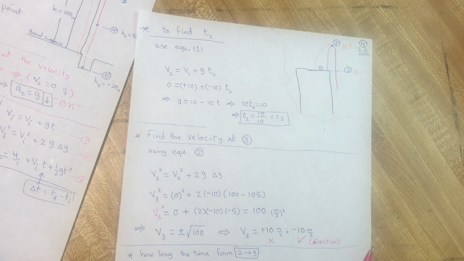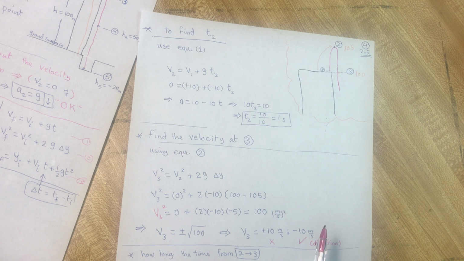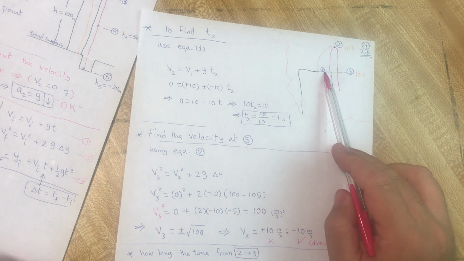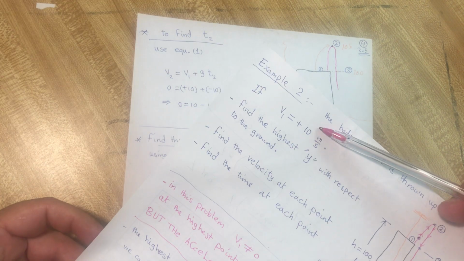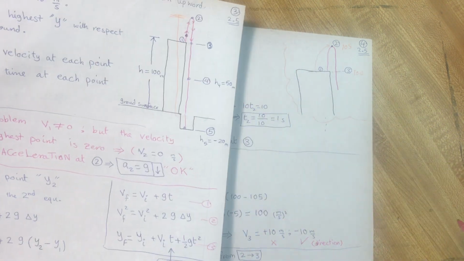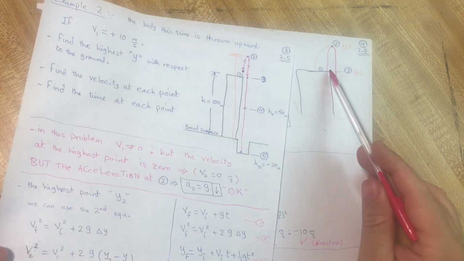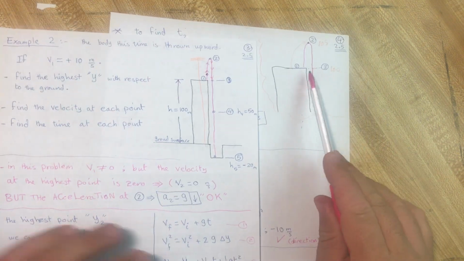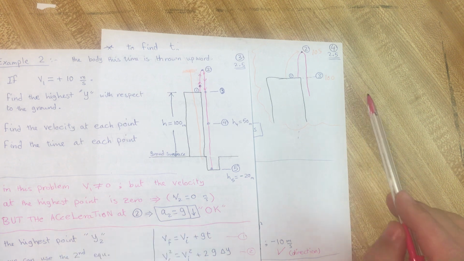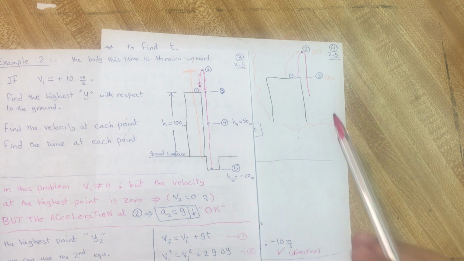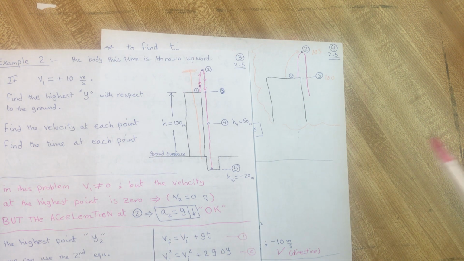Look, the magnitude of the velocity at point number 1, which is the initial velocity, is 10. The magnitude of the velocity, which is the speed, at point number 3 is the same, because they are at the same height and the resistance of the air is neglected, or we don't care about it.